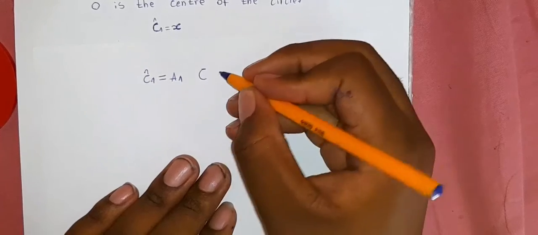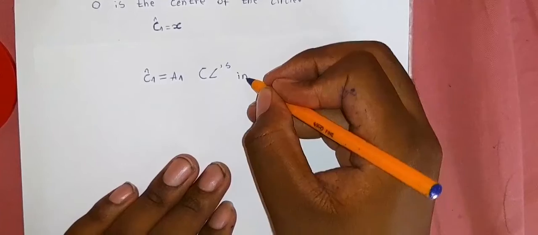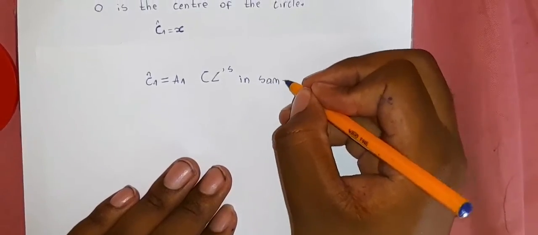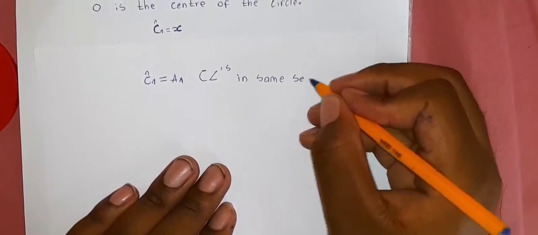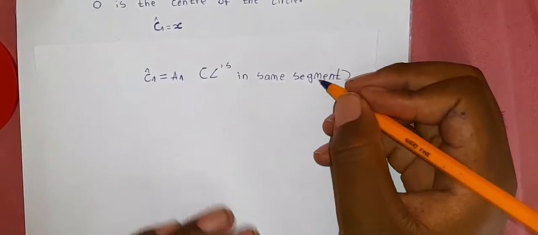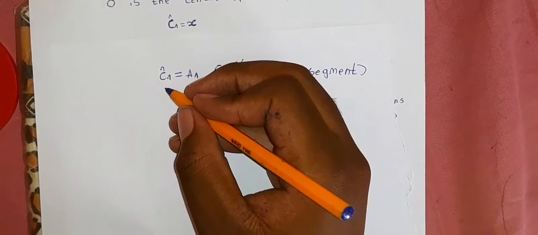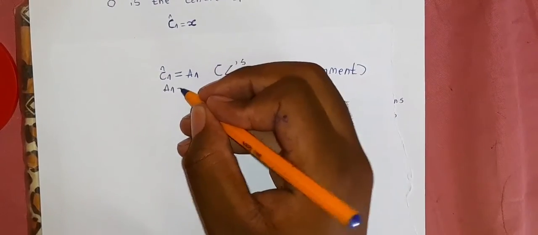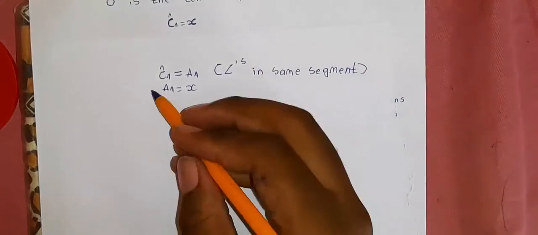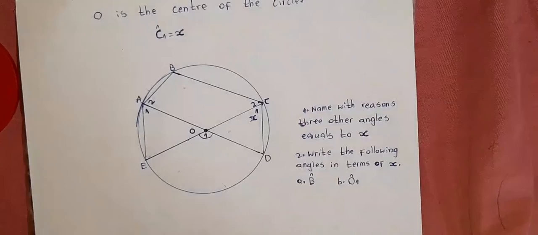The reason for that is that they are angles in the same segment. You can see A1 is equal to x. Let's look at another one.